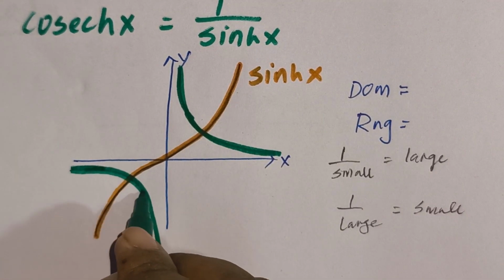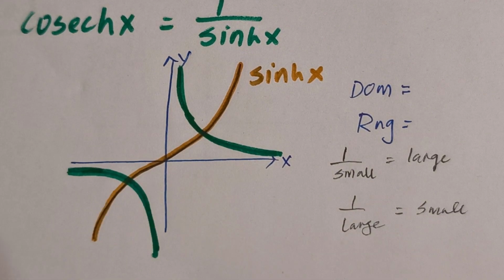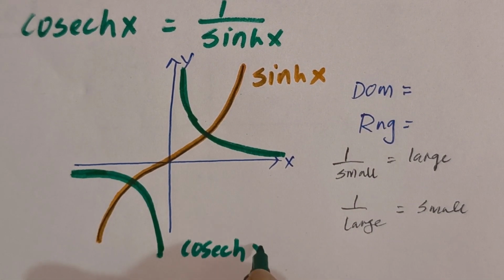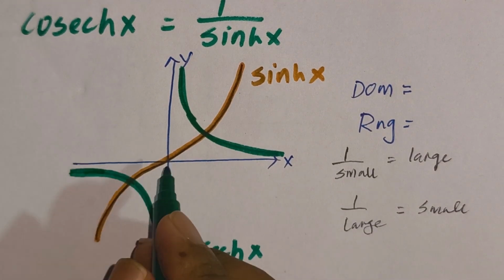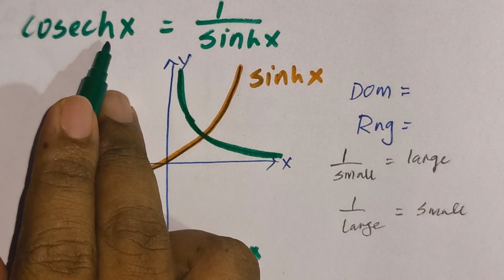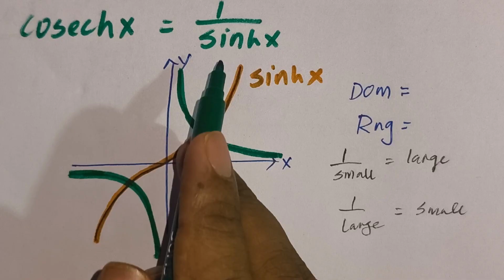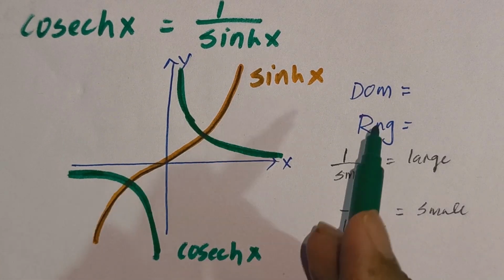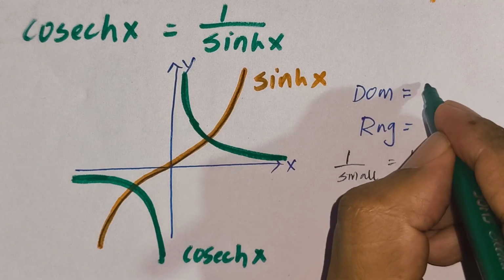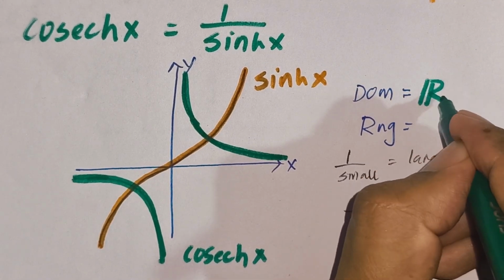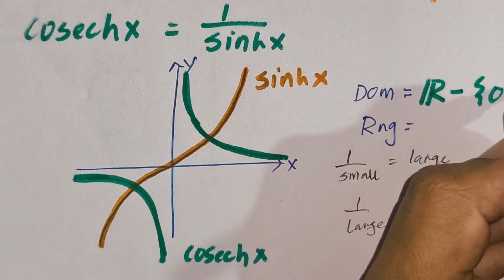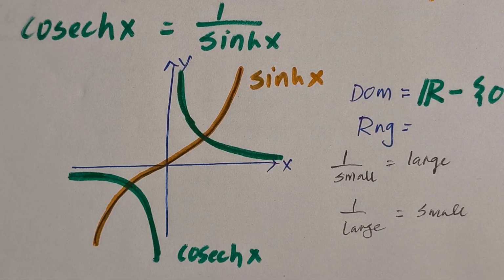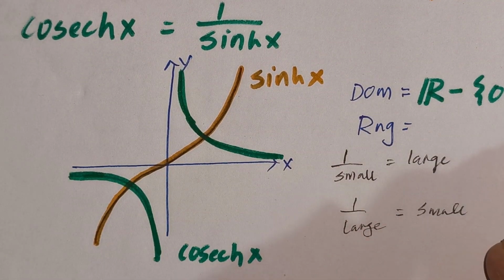So this is our hyperbolic cosecant in the negative x-axis direction. This is cosecant hyperbolic. At 0, cosecant hyperbolic has no value, because sine hyperbolic is 0 and 1 over 0 is not defined. So its domain is the set of all real numbers taken out 0. Remove 0 from all real numbers, so you have all non-zero values as the domain.